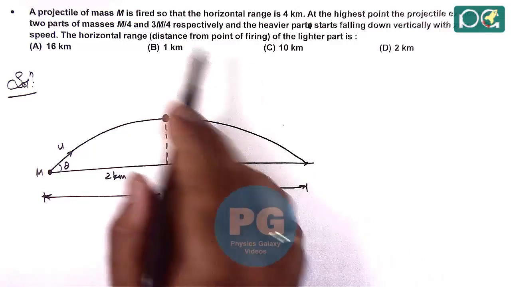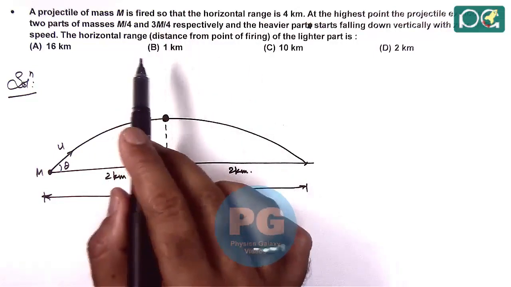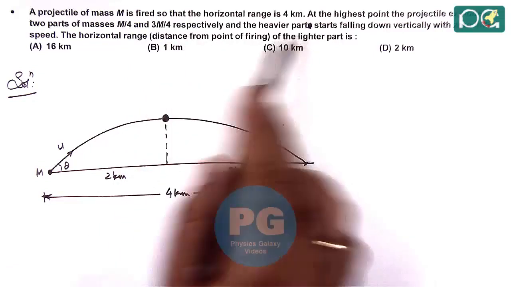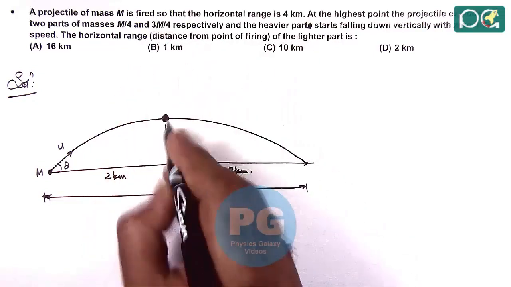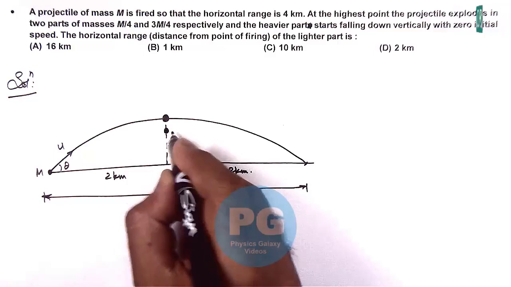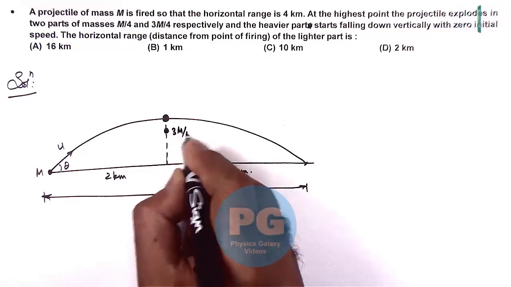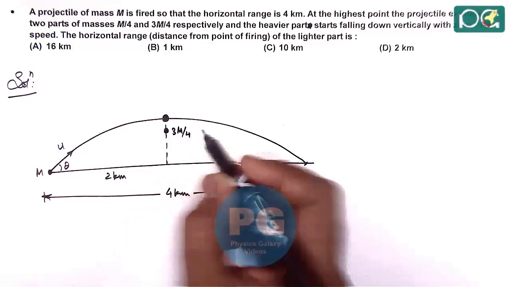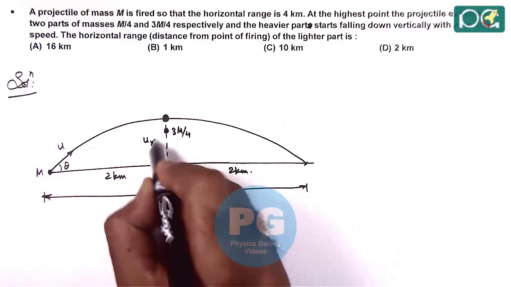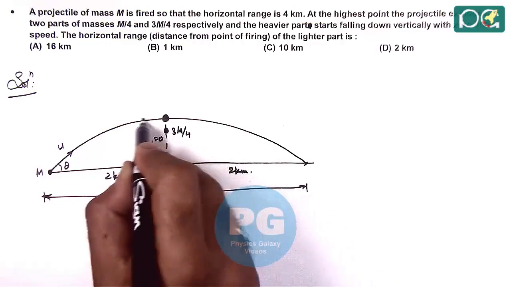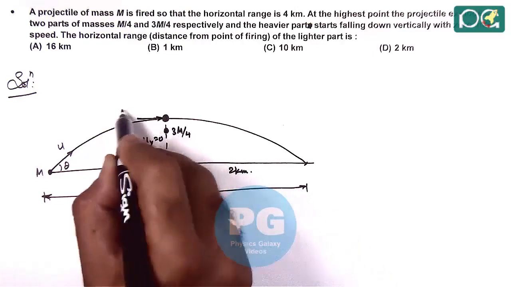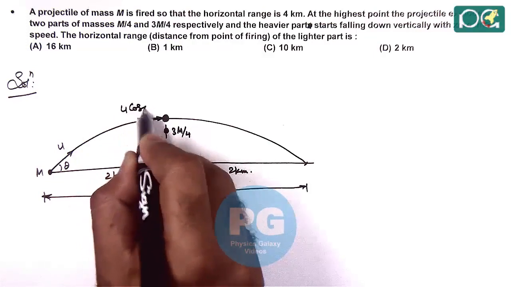One is m by 4, other is 3m by 4. So it is saying the heavier part, which is of mass 3m by 4, starts falling vertically down. So 3m by 4 falls down and its initial velocity uy will be 0 because at the point of explosion the initial speed was u cos theta.